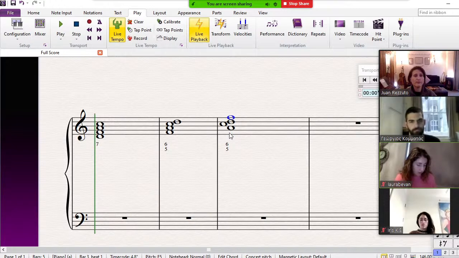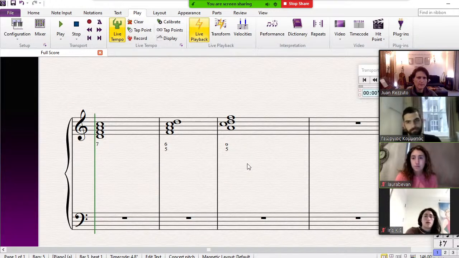Now, the second inversion. Iris, do you remember the figure bass of the second inversion? 4-3. Amazing.